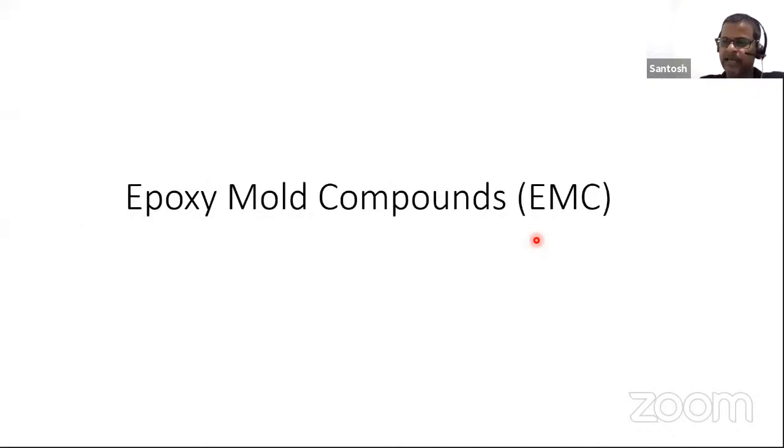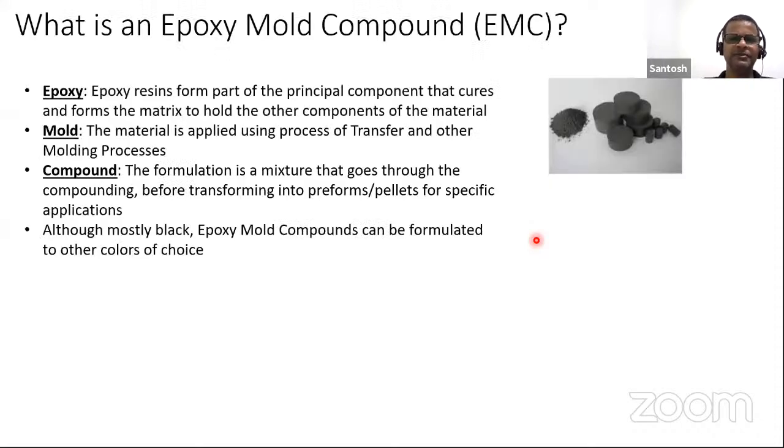So with this, I'll get into the epoxy mold compounds. Let me give a brief introduction of epoxy mold compounds. So what is epoxy mold compound? As the name indicates, there are three terms: epoxy, mold, and compound. The term epoxy comes from the fact that this material uses epoxy resins.